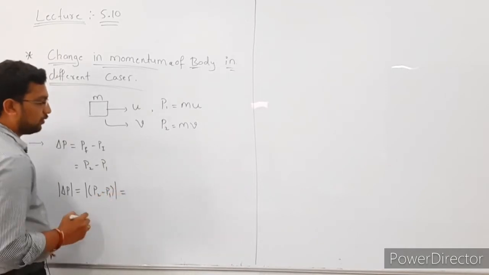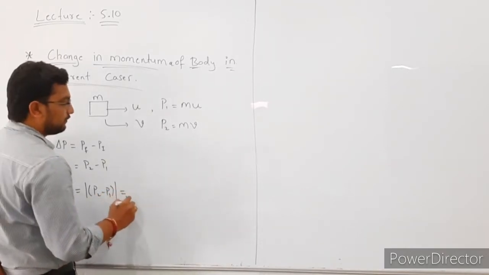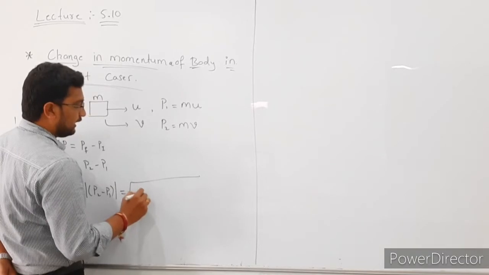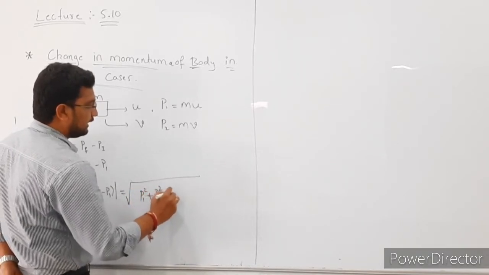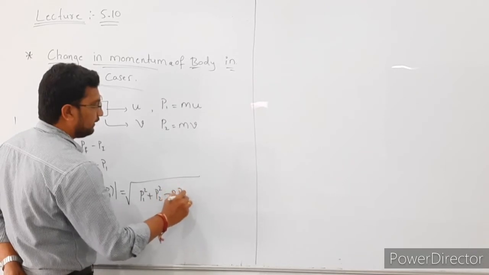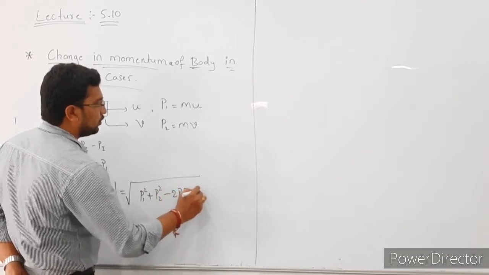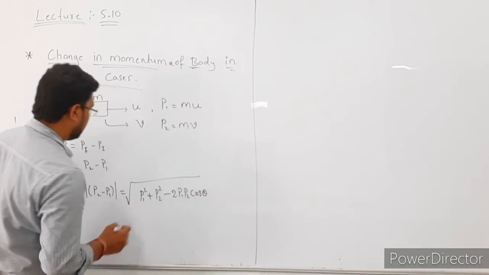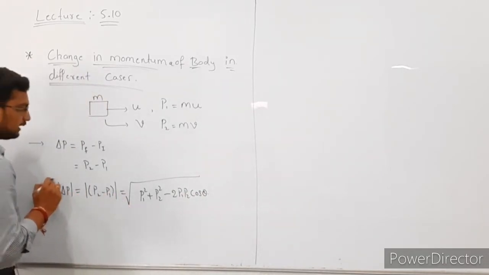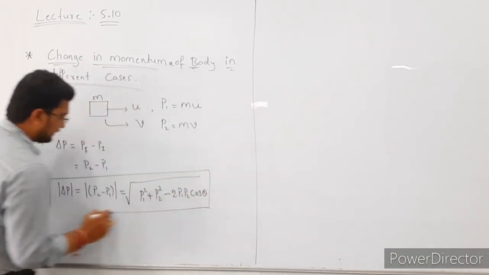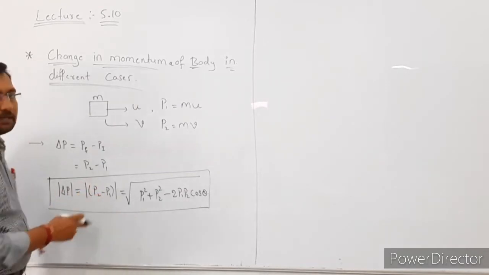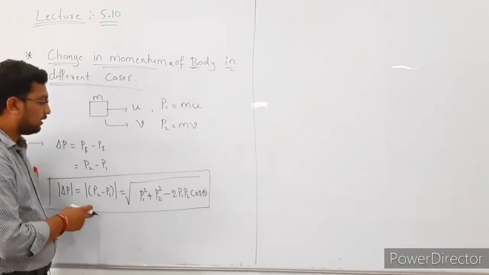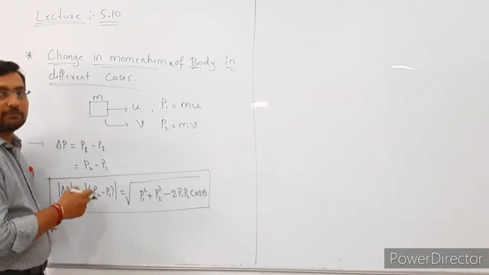So from the standard relation, this value is the square root of p1 square plus p2 square minus 2 p1 p2 cos theta. This is the change in momentum of the body in this case, right? Here the magnitude of change in momentum is equal to the magnitude of p2 minus p1, which is in the form of the magnitude of a1 minus a2.